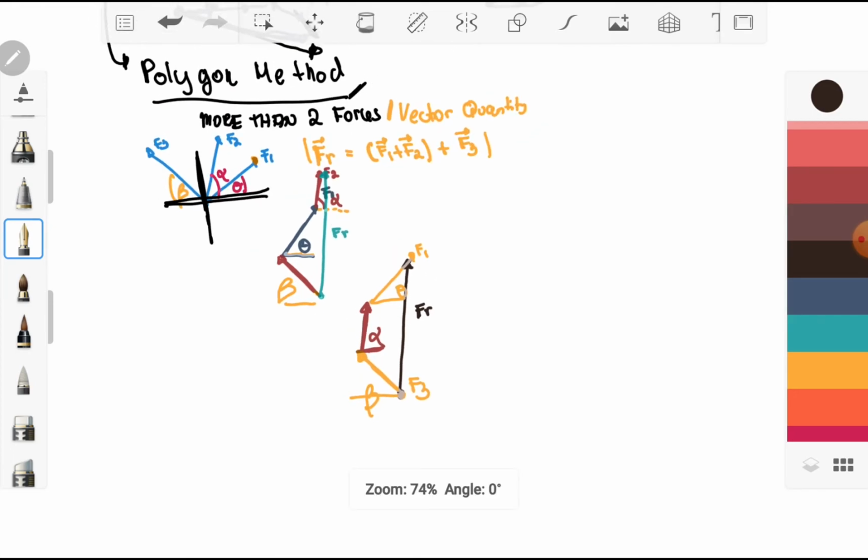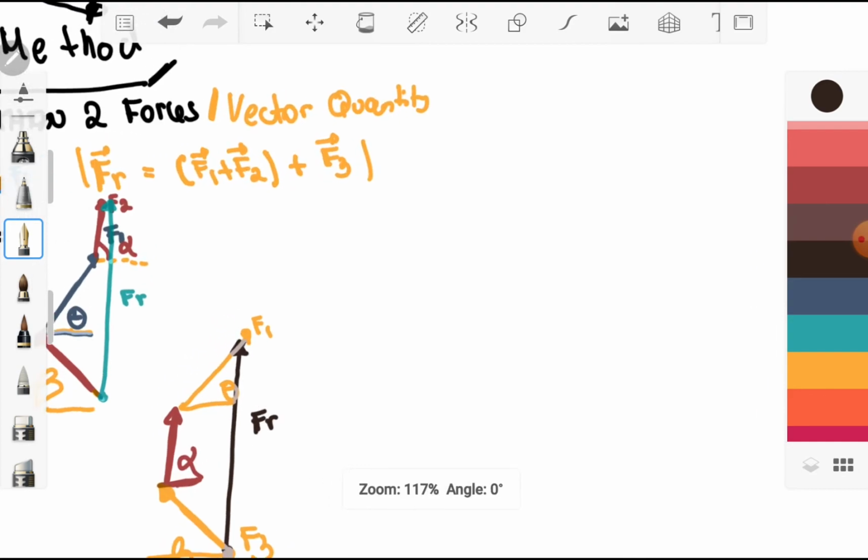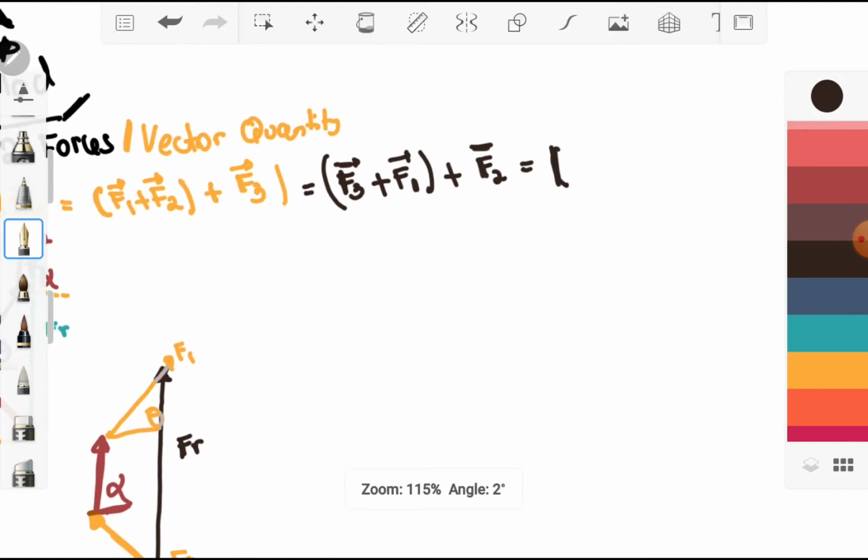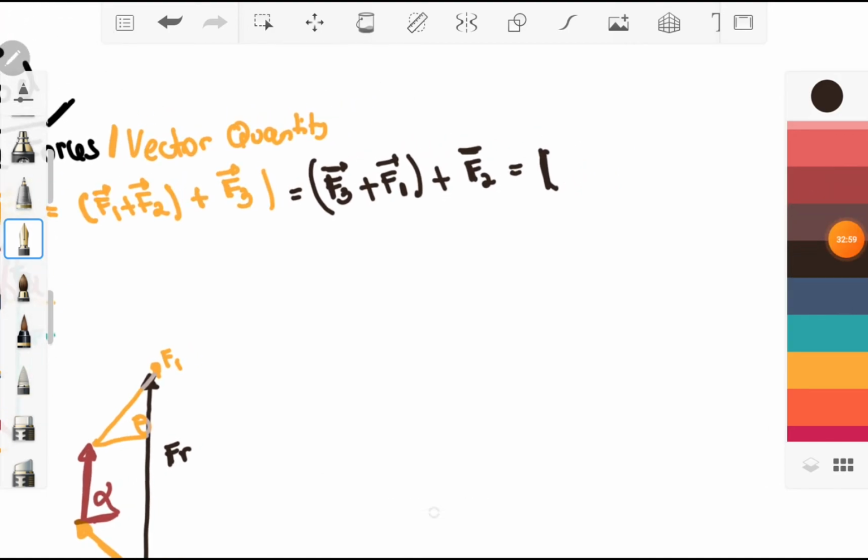Therefore, your FR can also be equal to your vector quantity F3 plus vector quantity F1 plus your F2, or it can also be equal to the vector quantity of your F2 plus the vector quantity of your F3 plus F1.